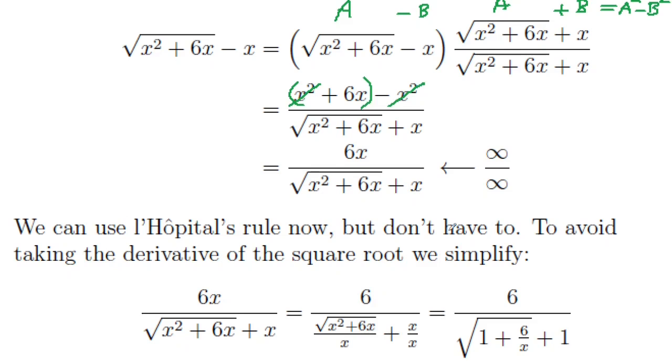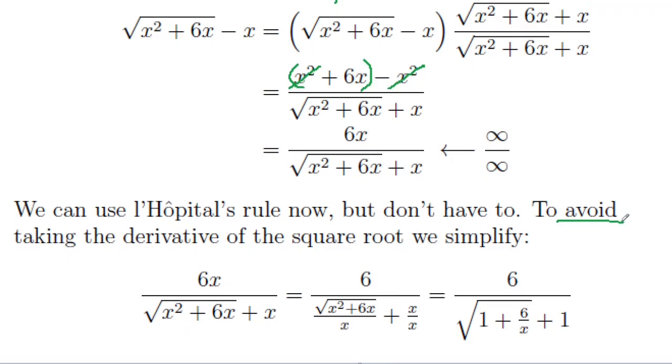And in this case, we can use a little bit of algebra. And that way we avoid taking the derivative of this square root here, because that turns out to be a little bit messy. You can do it by L'Hôpital's rule and see what you get. You should get pretty much the same answer, you just work a little harder.